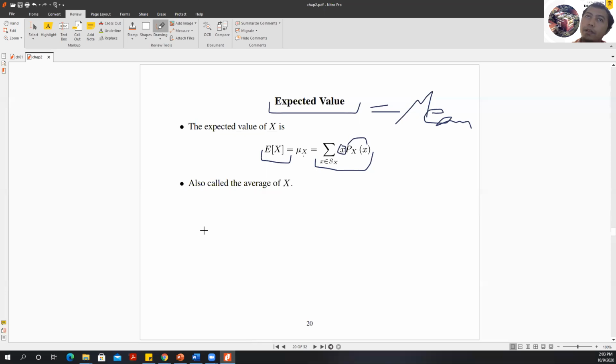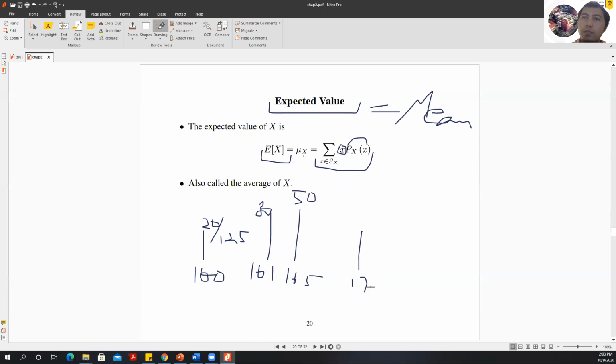From the height example, say 160 with 20 out of 125, 161 with 30 out of 125, 165 with 50 out of 125, and the last one 170 with 25 out of 125.